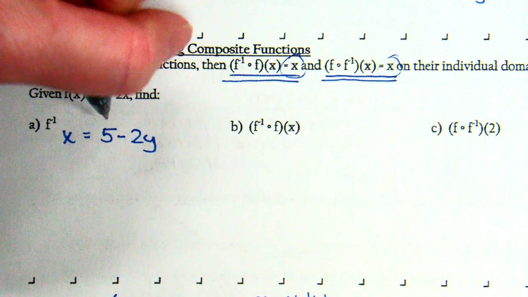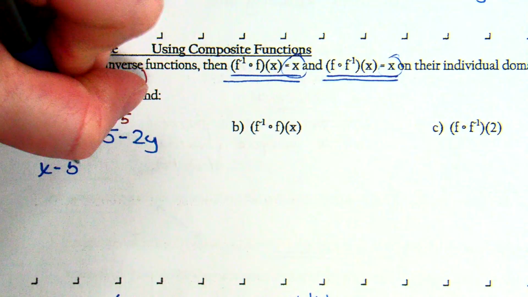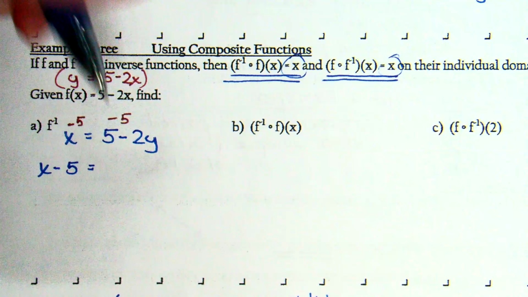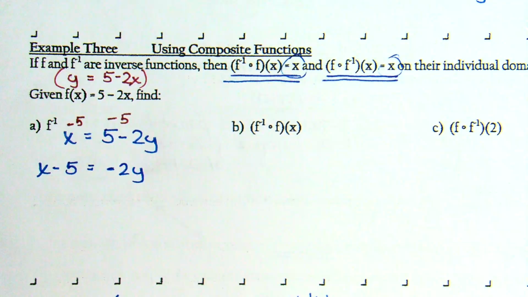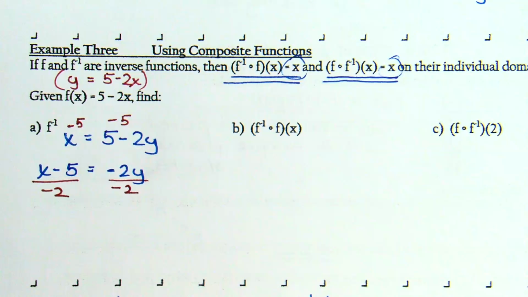Okay, subtract 5. Since it's a positive 5, I'm going to subtract 5. x minus 5 is x minus 5. 5 minus 5 cancels, and I have negative 2y. Now, how do I get y by itself? Divide by negative 2.